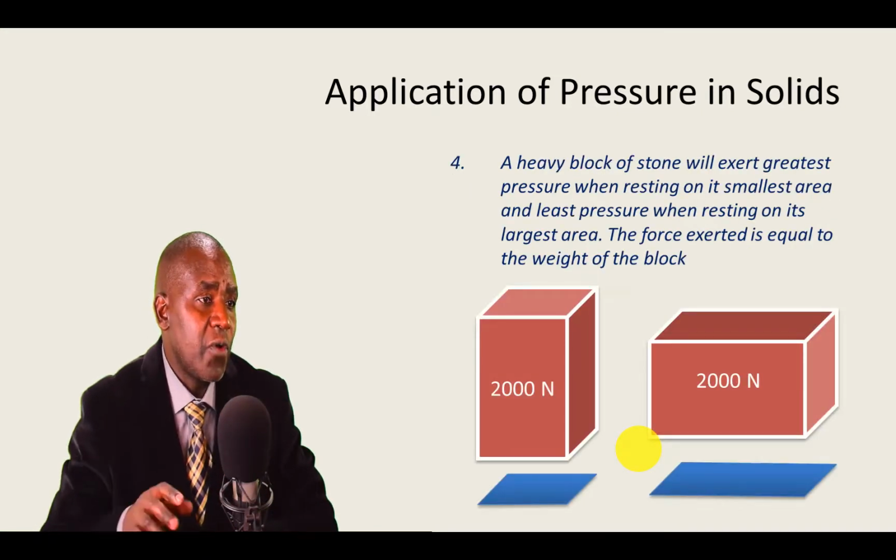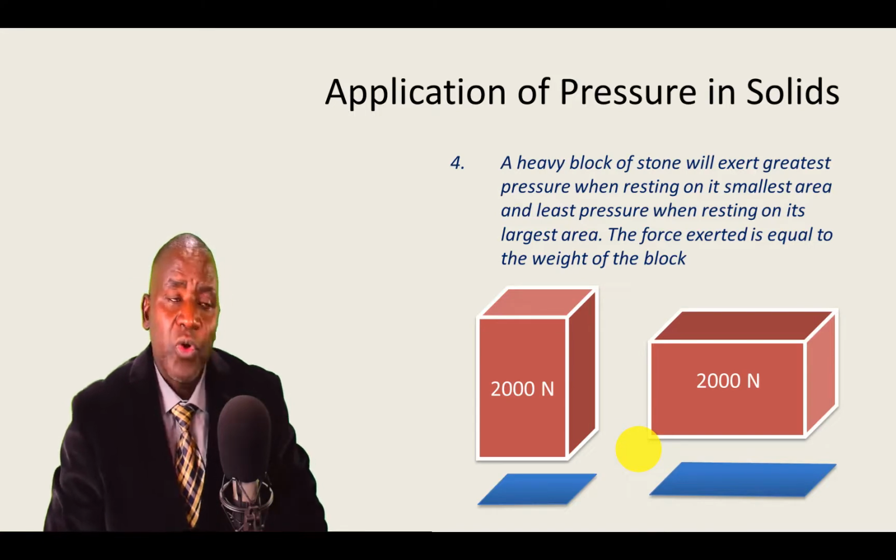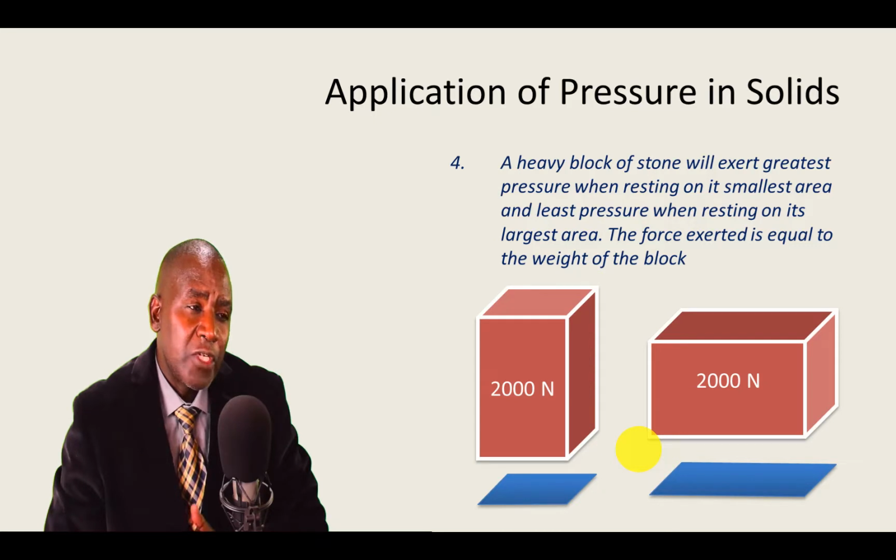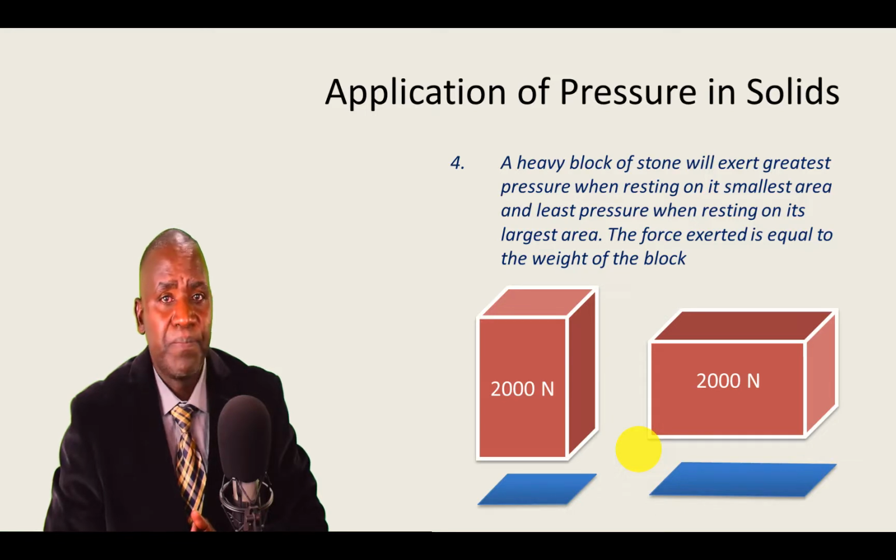Let's look at the fourth example or application of pressure in solids. We know this, that when you are given a block of wood, for example, or rock or stone, you are asked to calculate the maximum pressure it can exert and the minimum pressure.